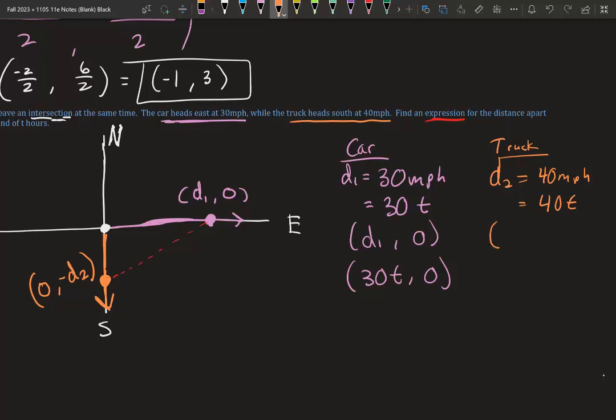We came up with the point 0, negative d2. It's negative because it went down. South is down. So we have 0, negative 40t. And if it wants us to find the distance, it's telling us to bust out the distance formula.